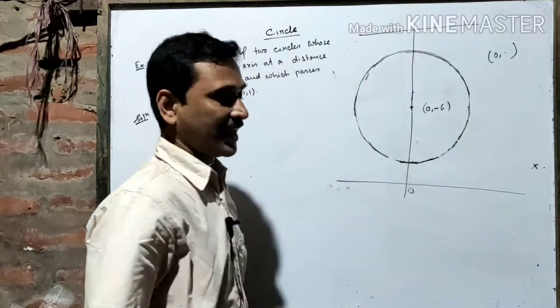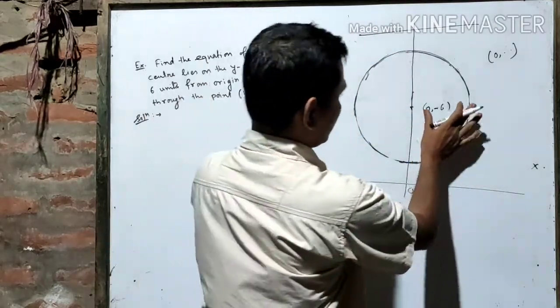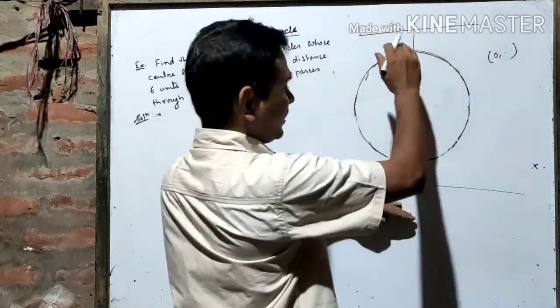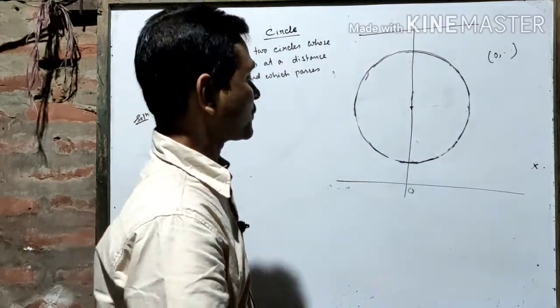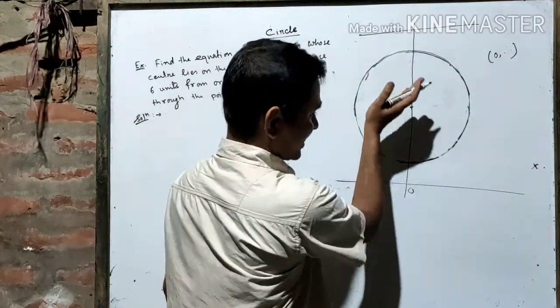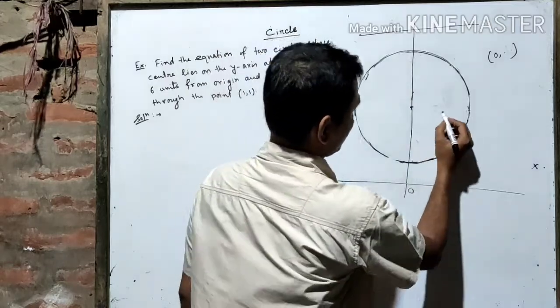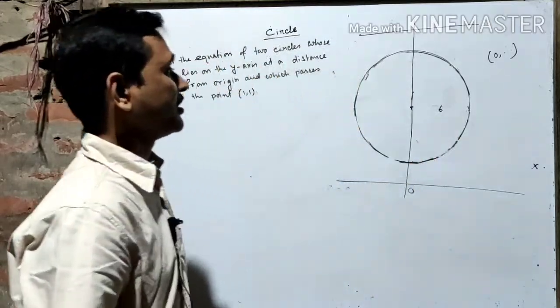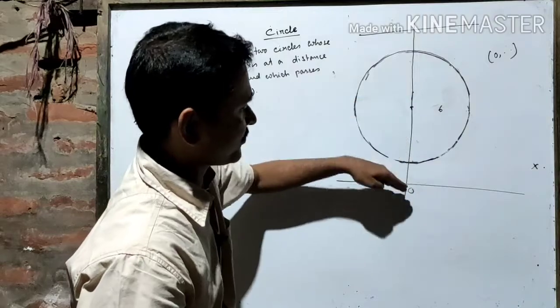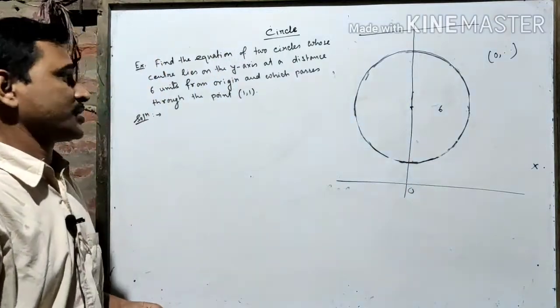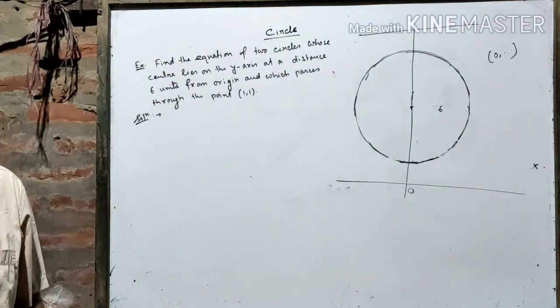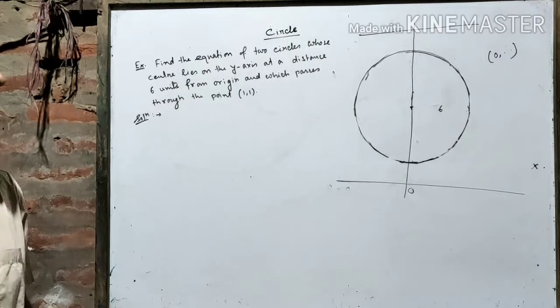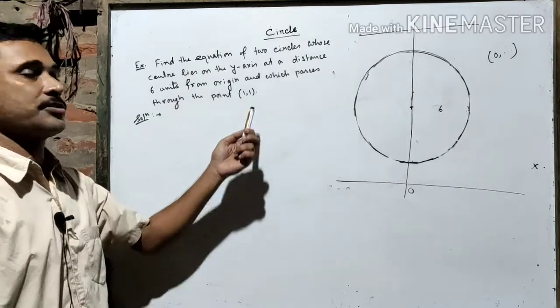Again, if the circle lies above the origin, that means above the x-axis, then its y-coordinate will be +6, since it is at a distance of 6 units from the origin. Okay, so the center of the circle is either 0, +6 or 0, -6. Now it passes through the point 1, 1.